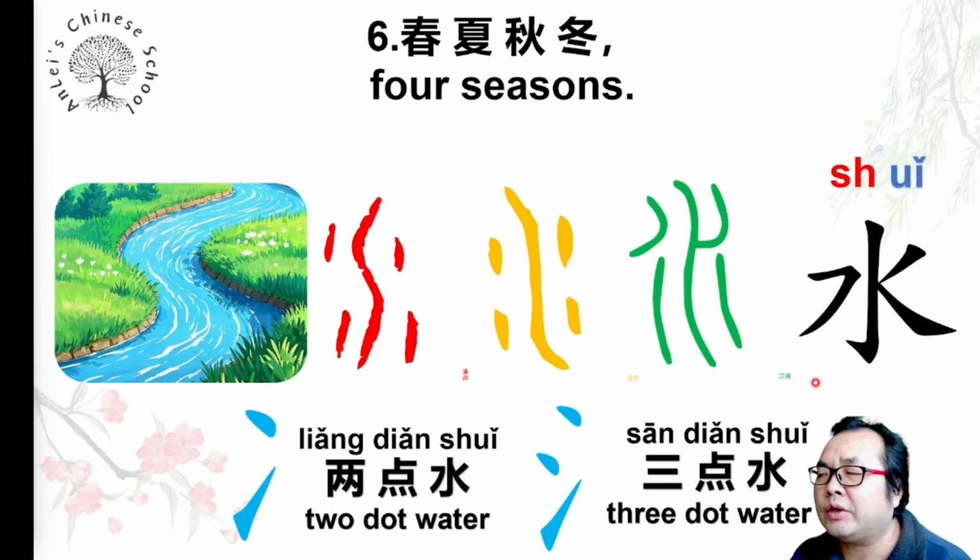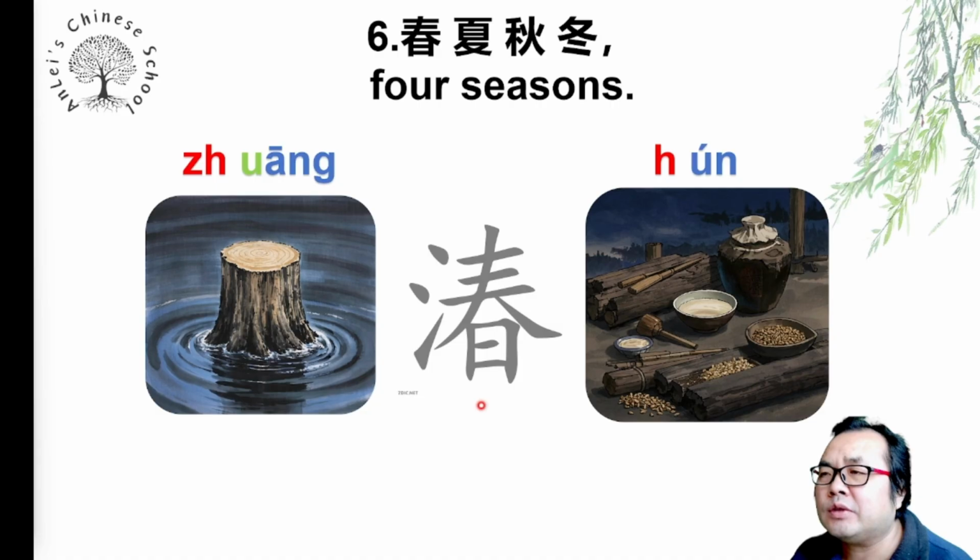水, shuǐ, water. When it becomes a radical, there's 两点水, 2 dot water, and 三点水, 3 dot water. Normally 2 dot water means ice, freezing. 3 dot water means water. Chun, spring, on the right, and on the left side is 三点水, 3 dot water.